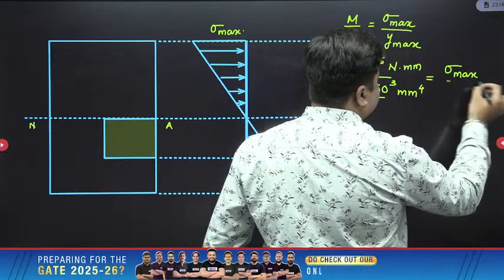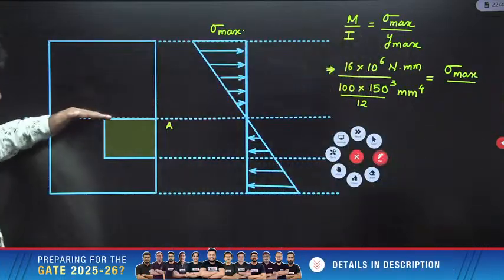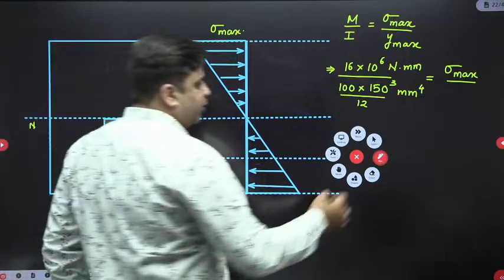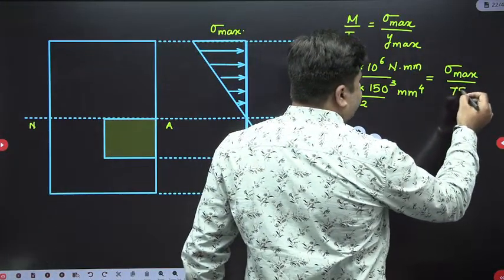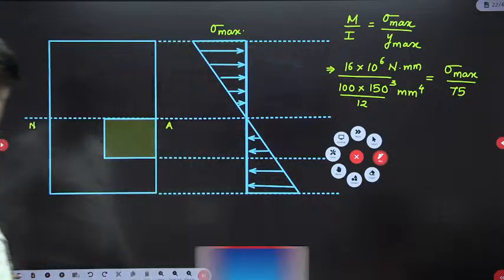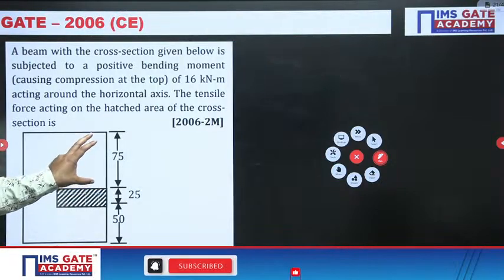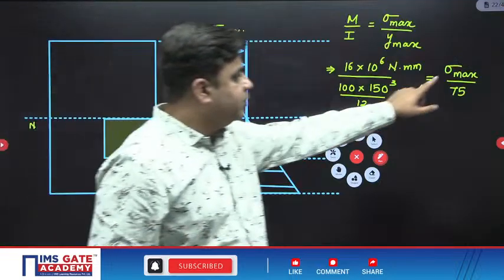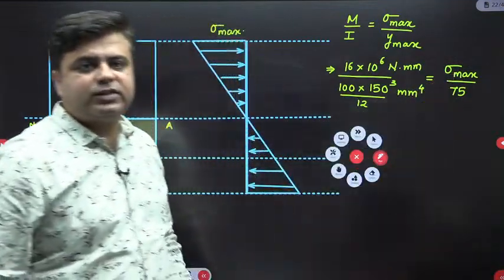And y max is equal to the maximum distance from this fiber to this fiber, which is given to you as 75 mm. Yeah, this distance is 75. Please get me the value of this maximum bending stress coming over the extreme fiber.